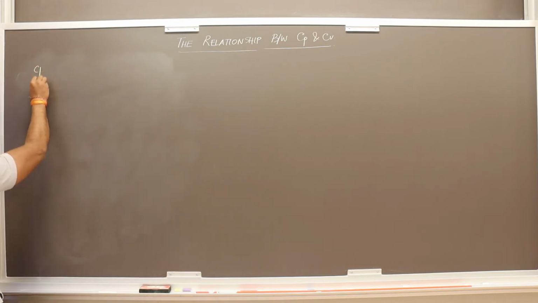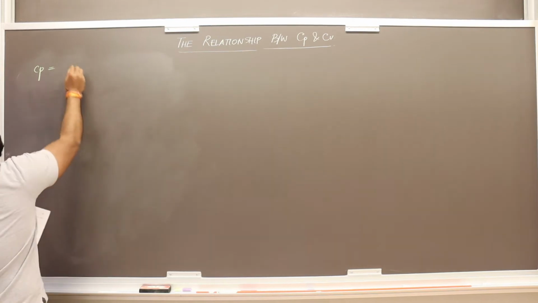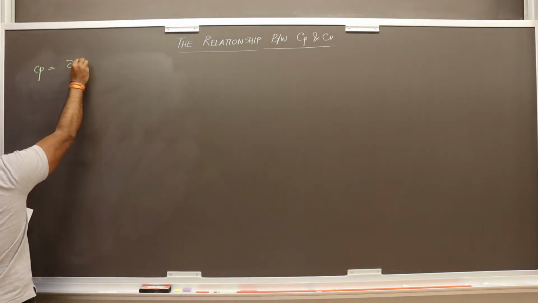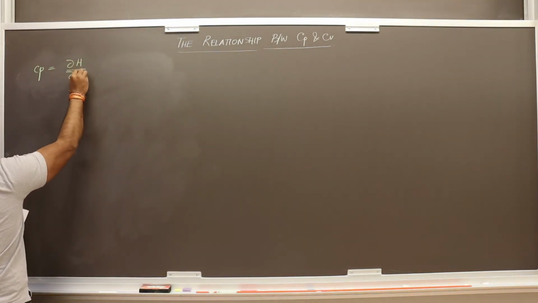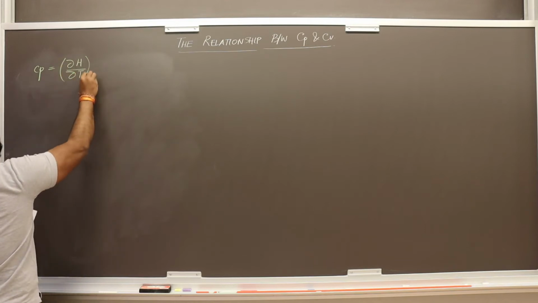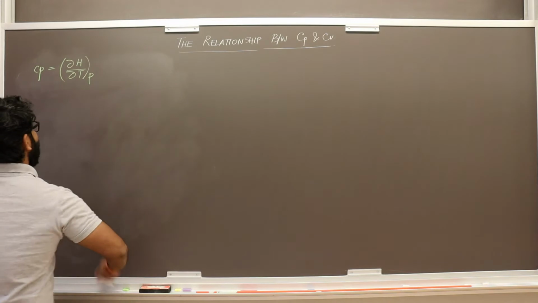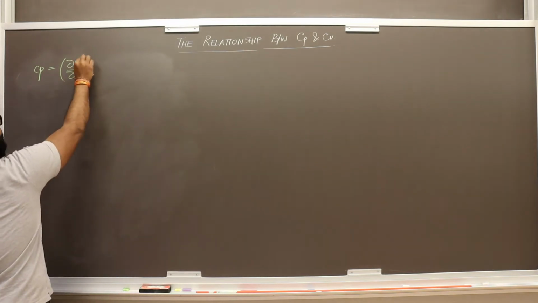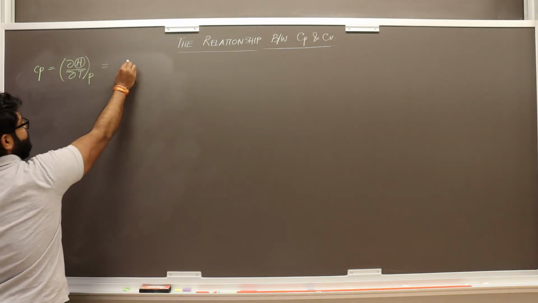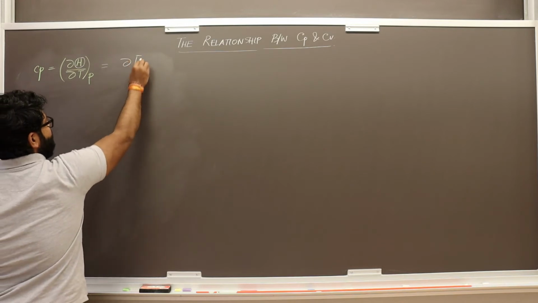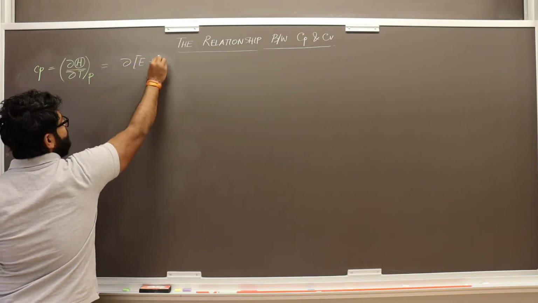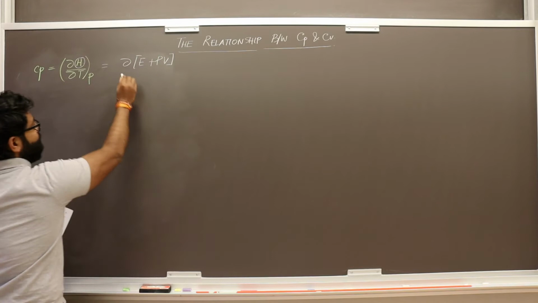What's Cp? If we remember, Cp was del H by del T at constant P, right? Now, if we remember what del H was, it was E plus PV.